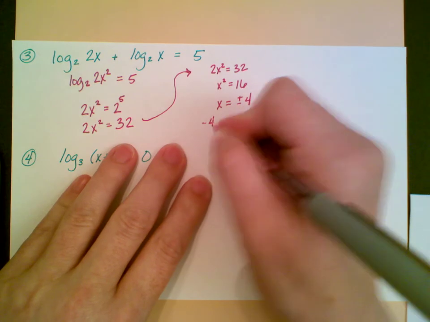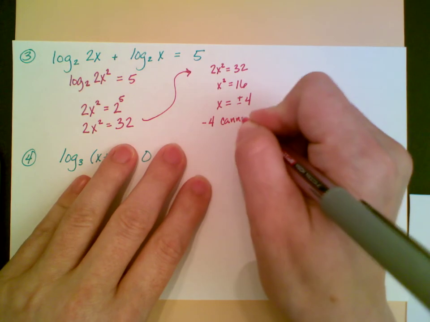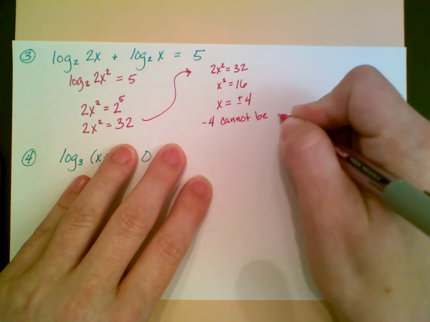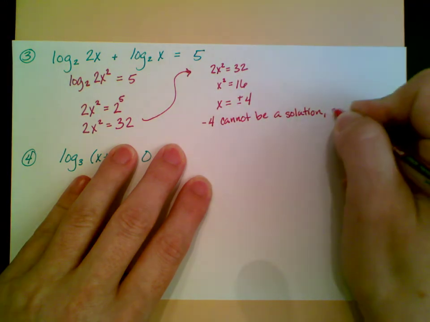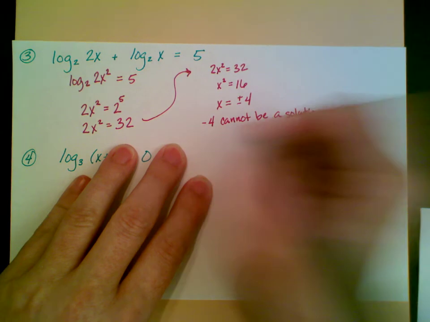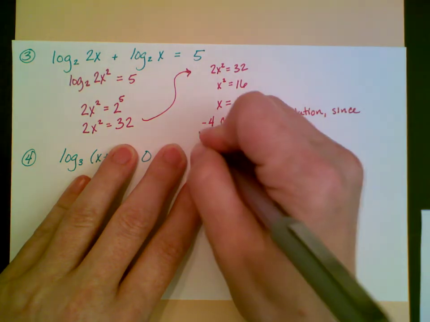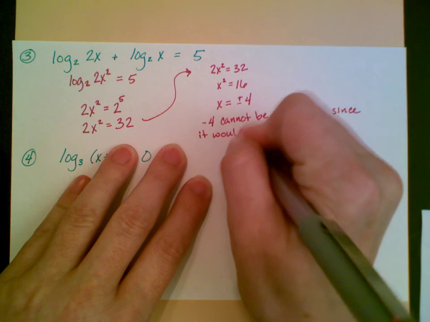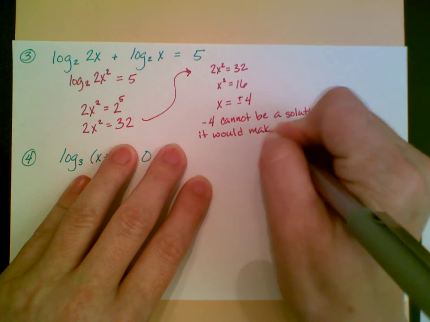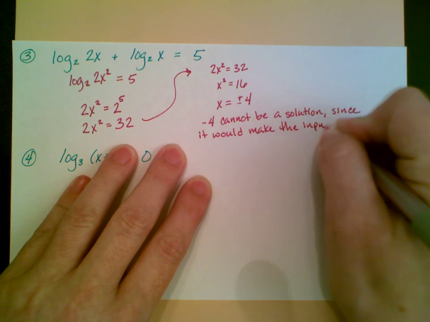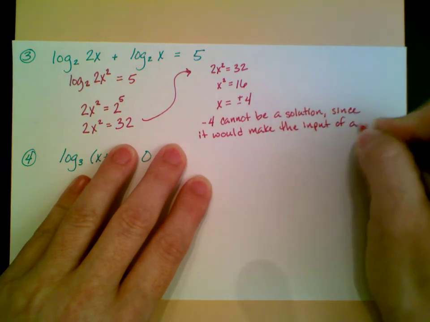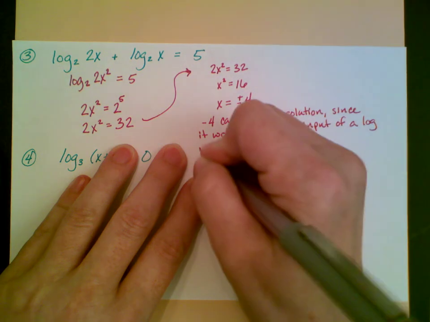So negative 4 cannot be a solution, since it would make the input of a log negative.